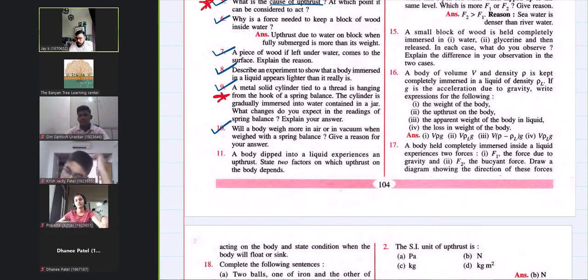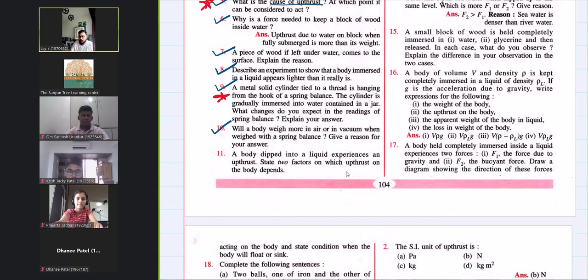But in vacuum there is no matter, no fluid, nothing. So in vacuum, the body will weigh more, because there is no upthrust on the body due to the absence of any material.